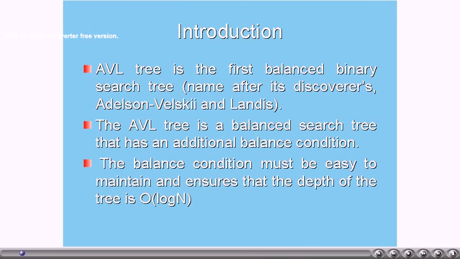AVL tree is the first balanced binary search tree, which is named after its discoverers Adelson, Velsky and Landis. The AVL tree is a balanced search tree that has an additional balance condition. The balance condition must be easy to maintain and ensures that the depth of the tree is order of log n, where n is the number of nodes.